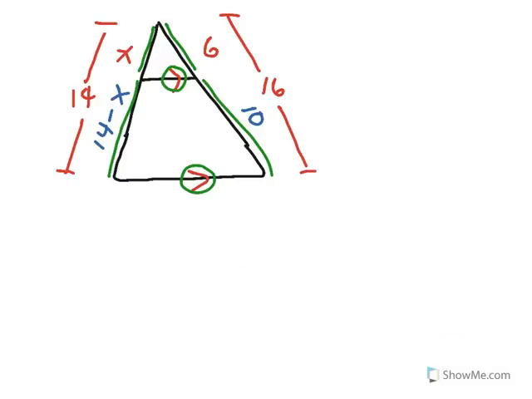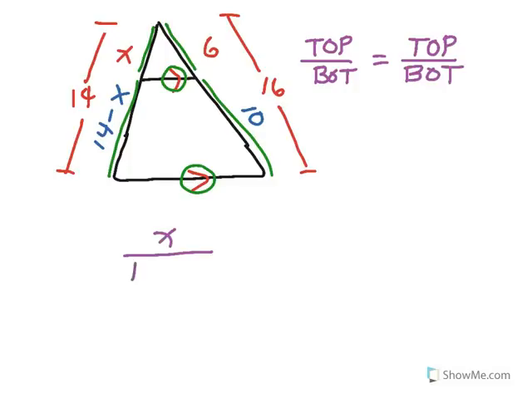So just to show that these proportions work all ways, I can still just go back to top to bottom is going to be proportional to top to bottom. So my top segment on the left of x to the bottom segment of 14 minus x will be the same ratio as the top of 6 is to the bottom of 10.